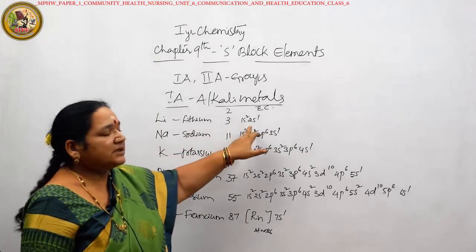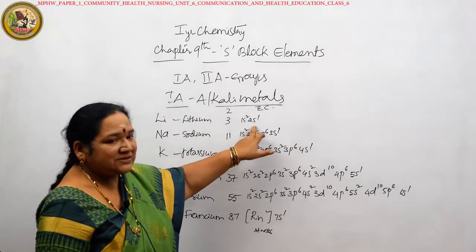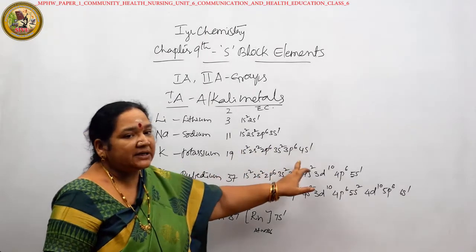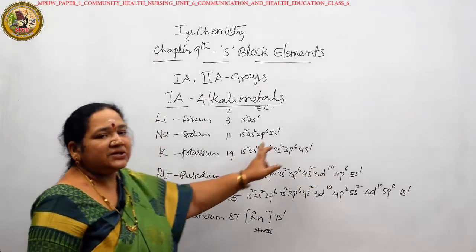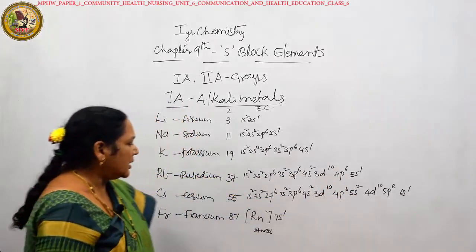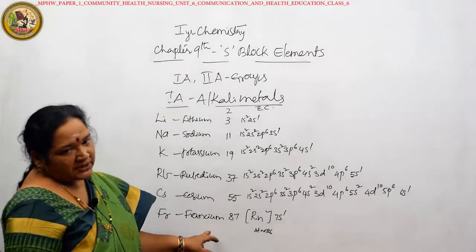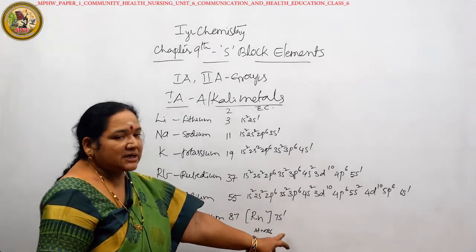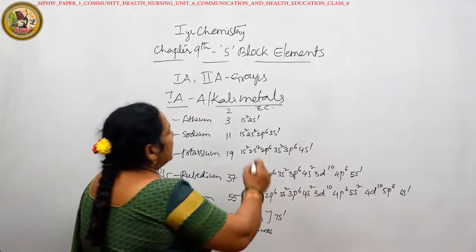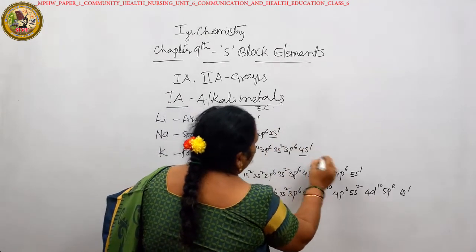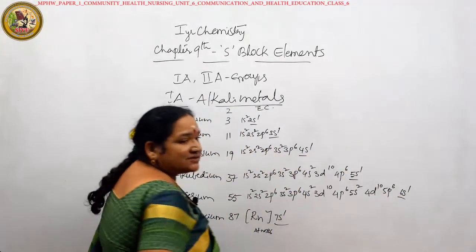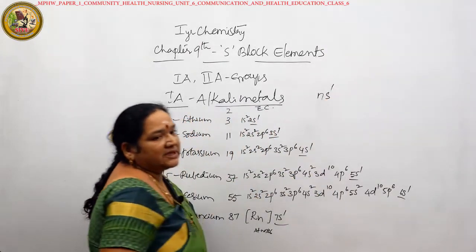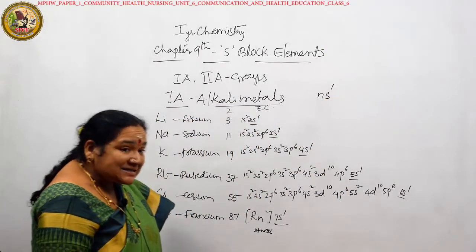In lithium, the differentiating electron enters into 2s1, in sodium it enters 3s1, and in potassium it enters into 4s1. Like that the differentiating electron enters into the s orbital. And the last one, francium, is the radioactive element. Here the atomic number of radon is 86, so the last electron enters into 7s1. Now all of these: 3s1, 4s1, 5s1, 6s1, 7s1. That's why their outermost electron configuration is given as ns1. The general electron configuration is ns1.